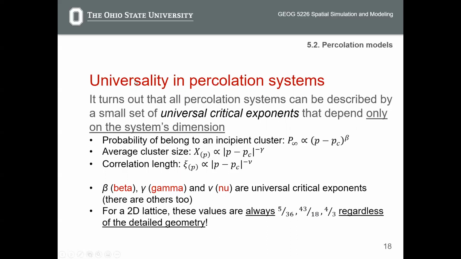That's why it's called universality. As long as you are looking at a percolation system, you can address these three parameters using the P, Pc values and beta, gamma, and nu. These three formulas are universal. That's why there is universality.